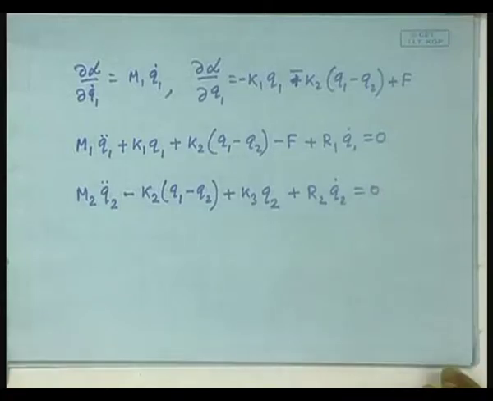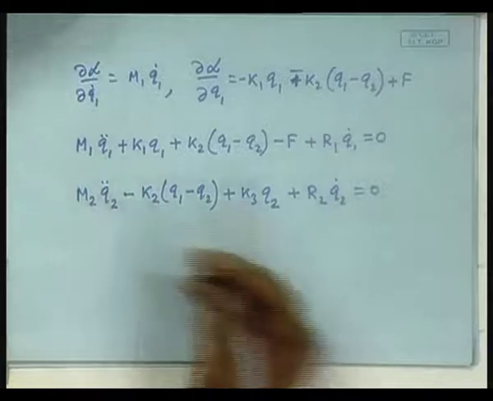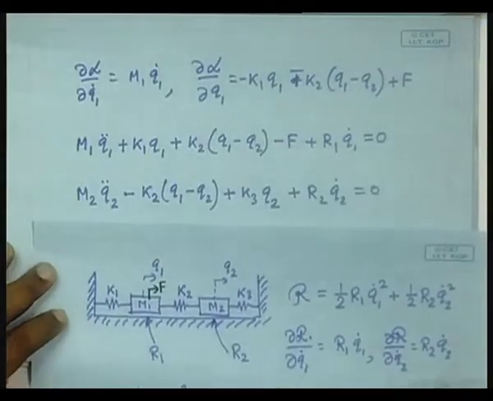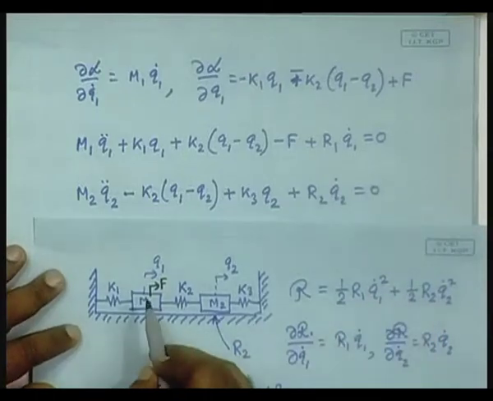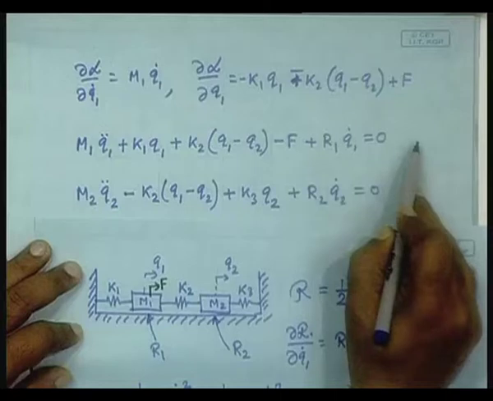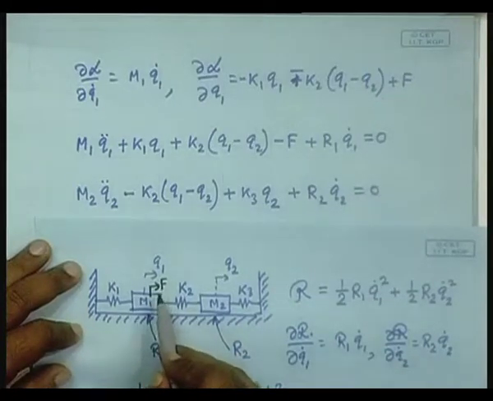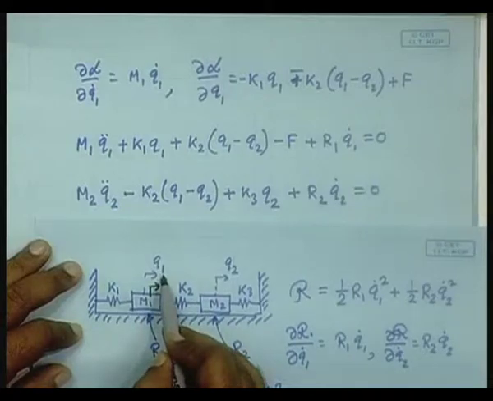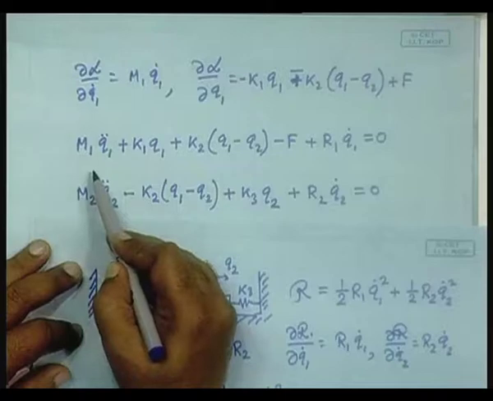Fine. So, you see these are the expressions, and let us get back to the picture. Force is acting in this direction and this one is moving in this direction. So force is equal to mass into acceleration here.